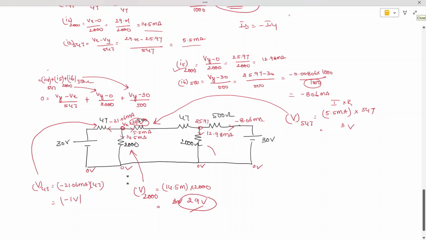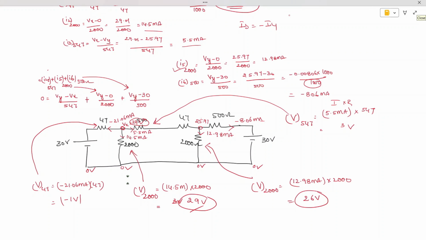Similarly, this is very important for the lab. Why? Because in the theoretical exam you have to prove this, then only you will be able to do the lab. The voltage across 2000 is the current you got, 12.98 milliamperes, into 2000 ohm. When you do it, you get 26 volts.